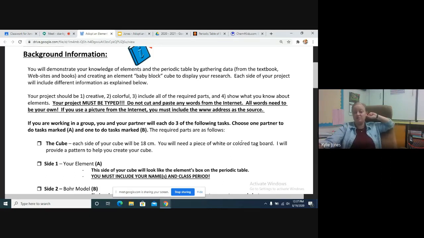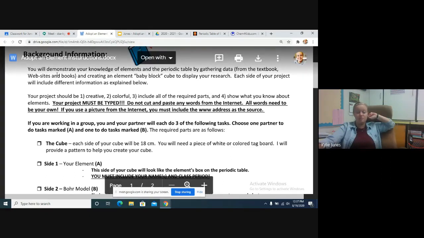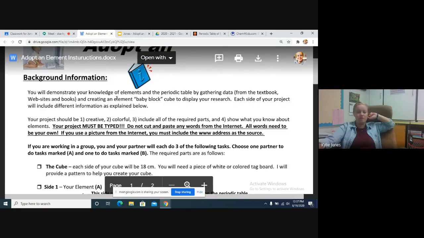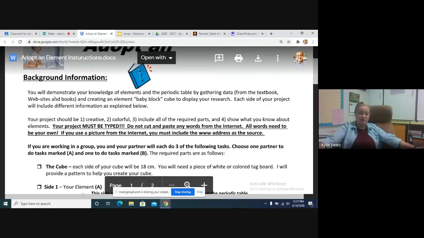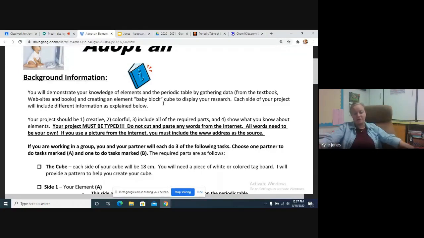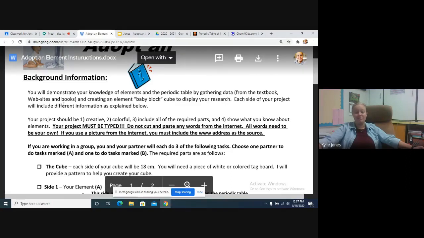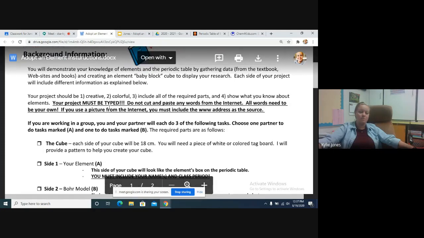So it says you will demonstrate your knowledge of elements and the periodic table by gathering information from the textbook, which we don't have. So I provided websites, and creating an element baby block, but in this case, it's a PowerPoint to display your research. Each side of your project, or each slide, will include different information that we talk about below.